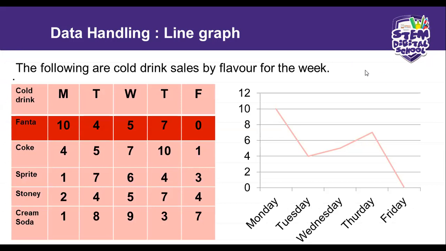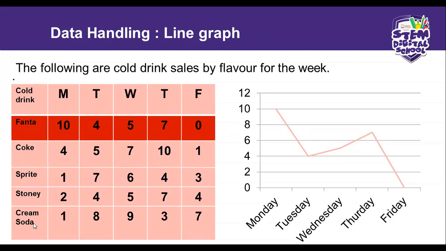Good. Now that is our line graph. So you can take a picture of this, snap it, and then you can do a line graph for Coke. You can do a line graph for Sprite. You can do a line graph for Stony.